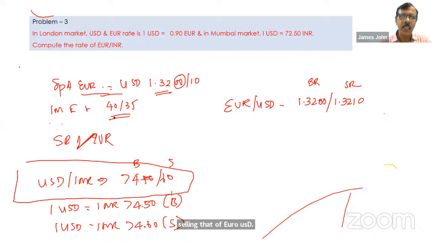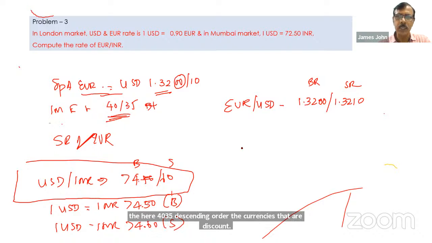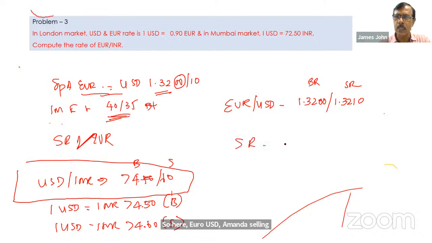Okay, sir. Here 40-35 is in descending order, so the currency is at a discount. For euro USD we want the selling rate. The spot selling rate is 1.3210 and the selling point is 35. Is 35 paise or points? It's not paise, because there is no Indian rupee.